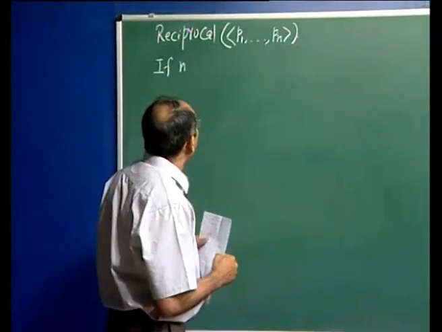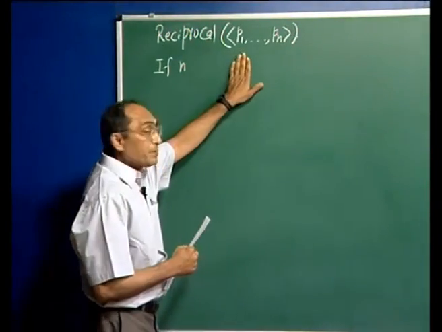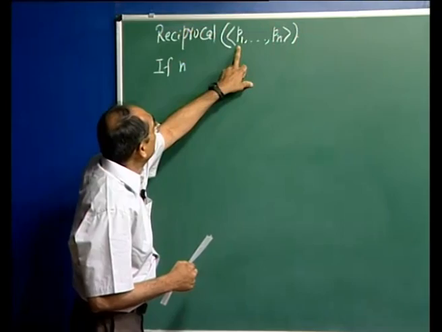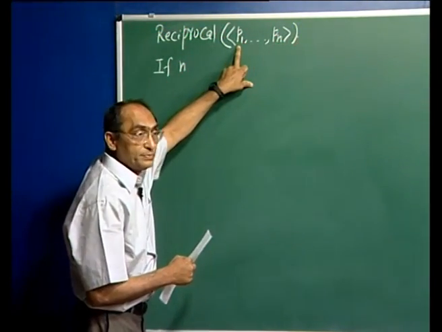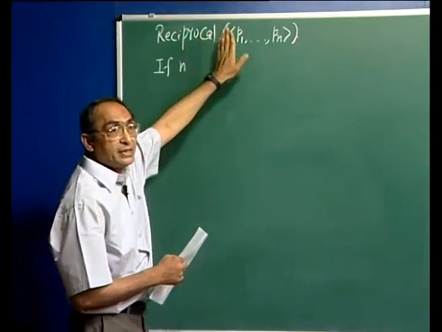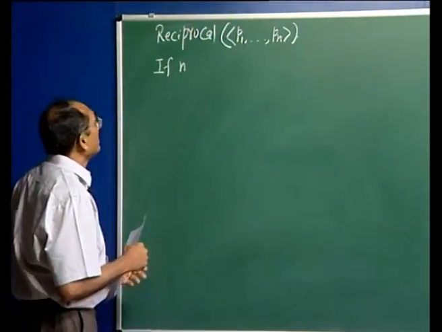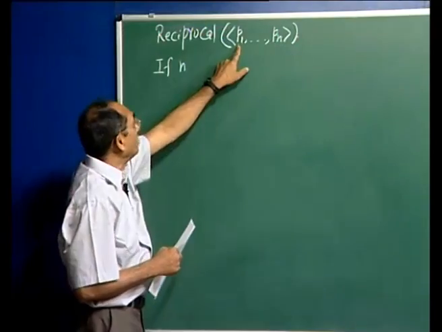Coming back to our procedure, when we say it's an n bit number, we mean the most significant bit is 1, because by padding zeros we are not really getting any new information. So it's assumed always that this is 1.